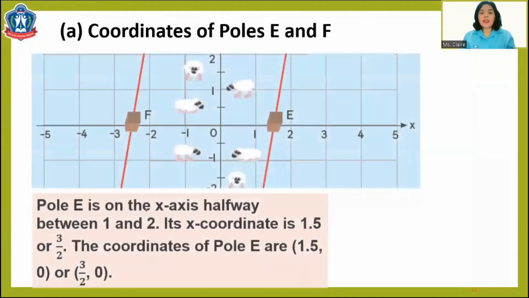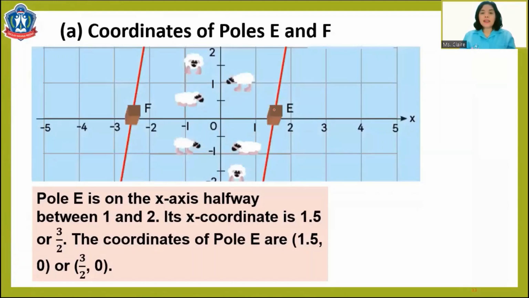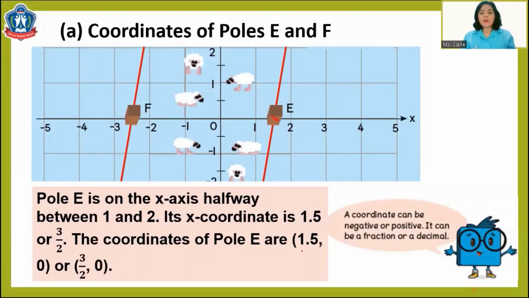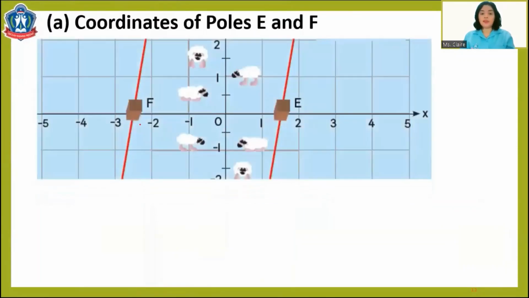Next, how about E? This is E, children. Pole E is halfway between 1 and 2, so the x-coordinate is 1.5, or 1 and 1/2, or 3 halves. The y-coordinate is 0 because it is located on the x-axis. So the coordinates are 1.5, 0, or 3/2, 0. How about F?